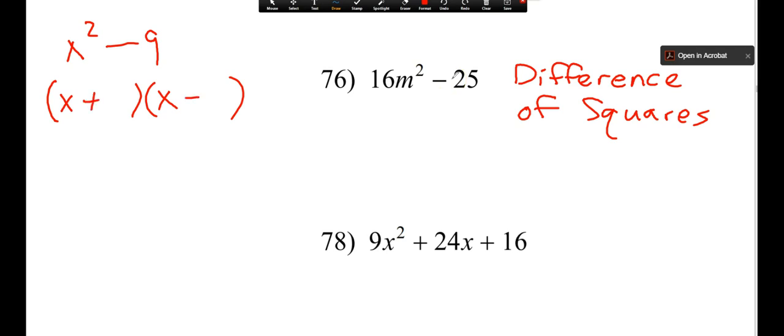Now you need two numbers that multiply together to give you 9, but I want you to notice something. There's no middle term. Do you recognize that? Yeah. Okay, so that middle term is actually 0x. So we could have written it like this, x squared plus 0x minus 9. So we need them to add up to 0.